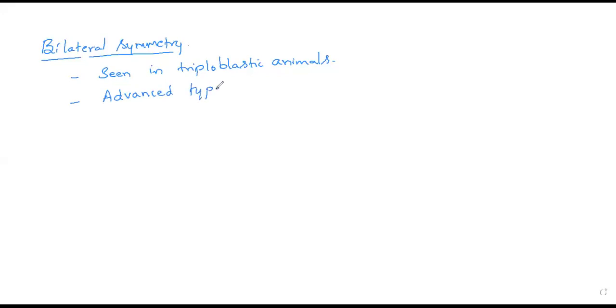Bilateral symmetry is the most advanced type of symmetry. Here the body is dorso-ventrally distinguished. In radial symmetry there is no dorsal side and ventral side, but here in bilateral symmetry the body can be distinguished dorso-ventrally and also laterally.